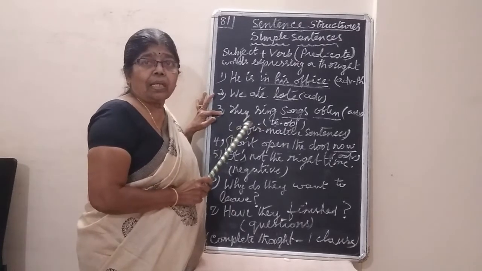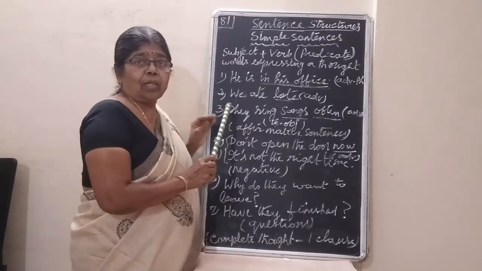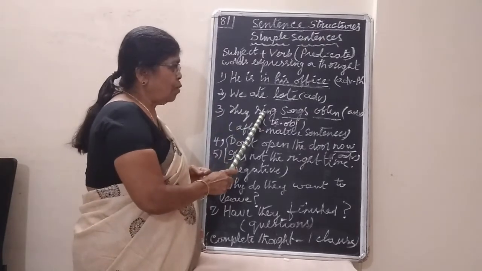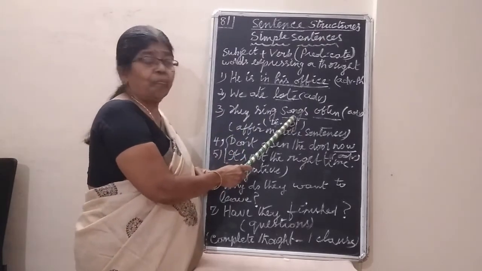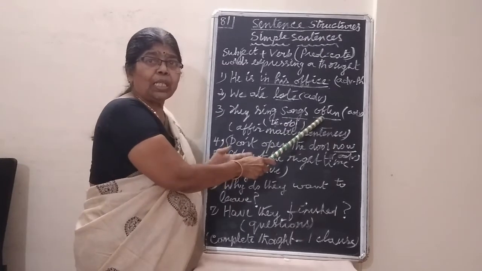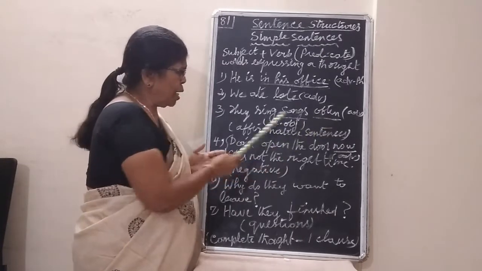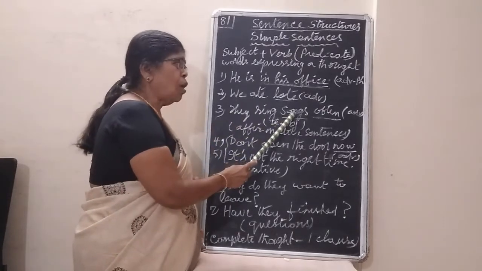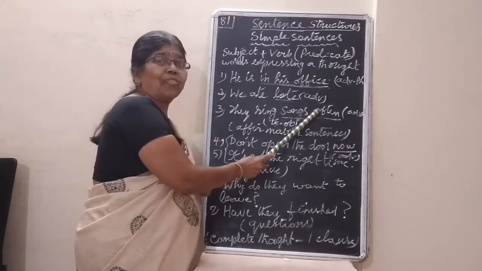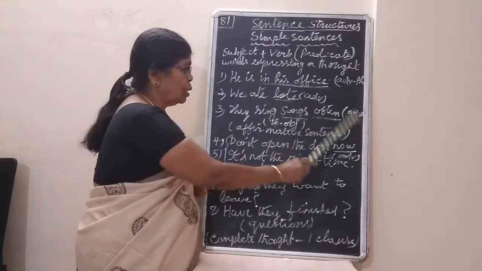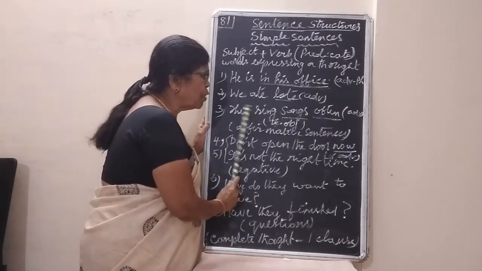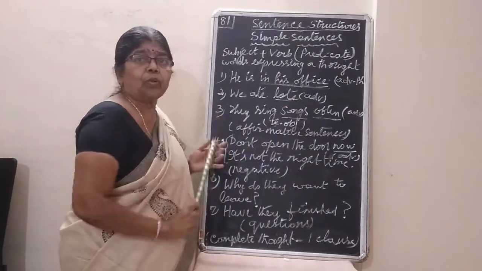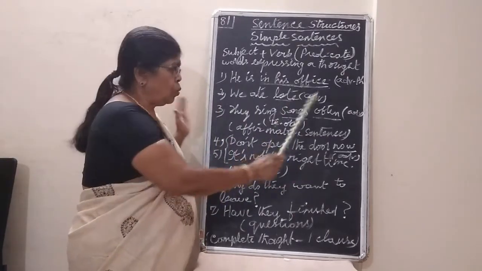They, subject; sing, verb; songs, noun; often, adverb. So they sing what? Songs. When? Often. But here, there's only one verb and all the rest is predicate. One subject, one verb.